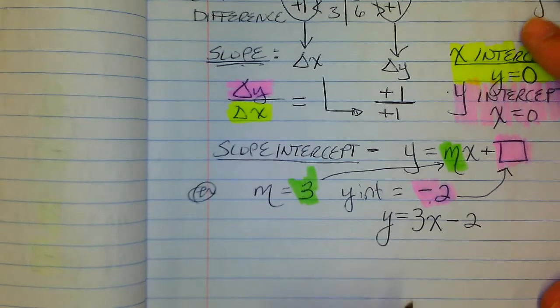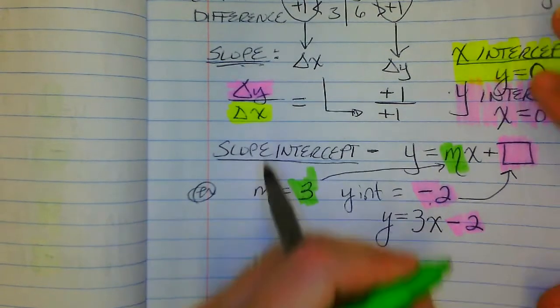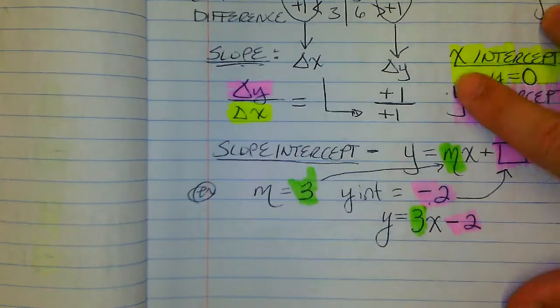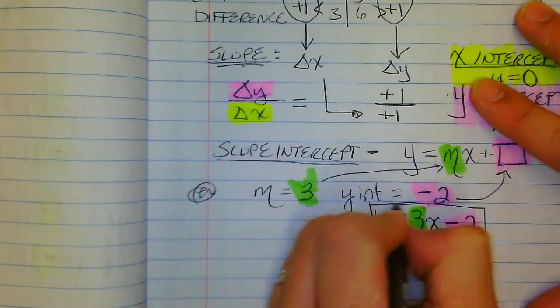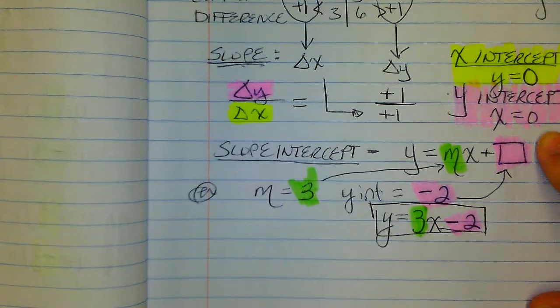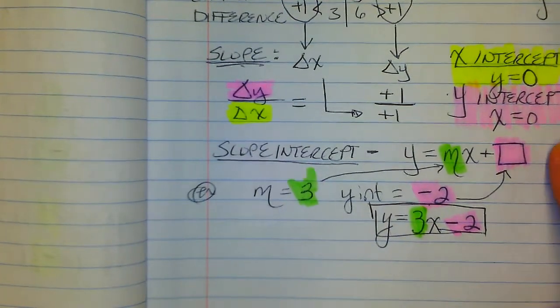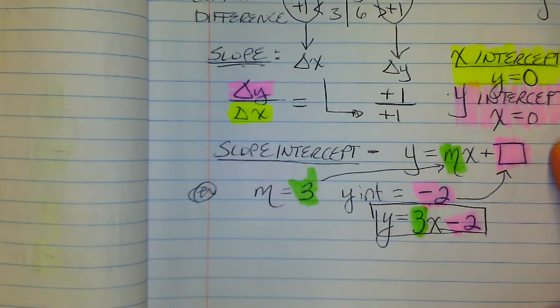Negativo 2. Good. So you can see those numbers right here in your equation matched. La respuesta aquí. Here's the final answer for that example. So you can see it's basically paint by numbers on a lot of these equations. We just need to take the number and put it into the right spot. That's all that's going to happen.